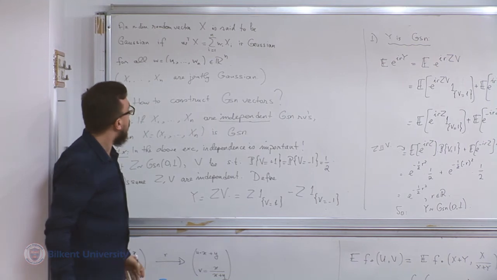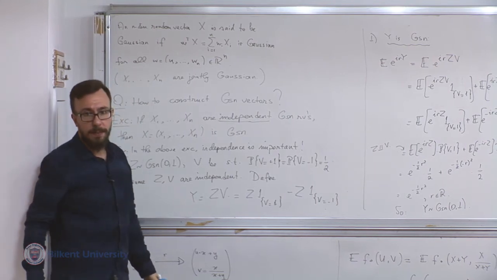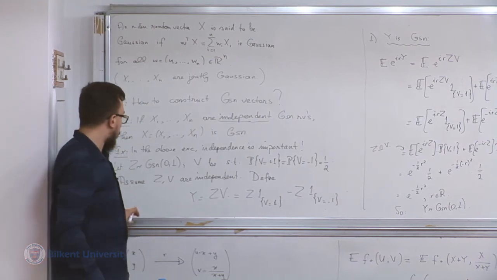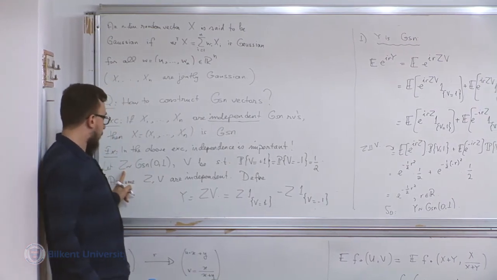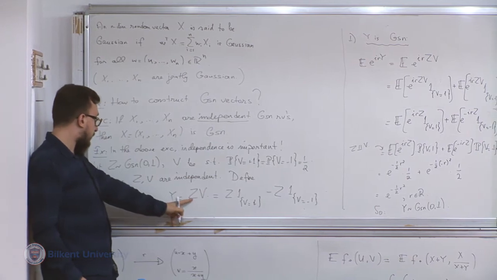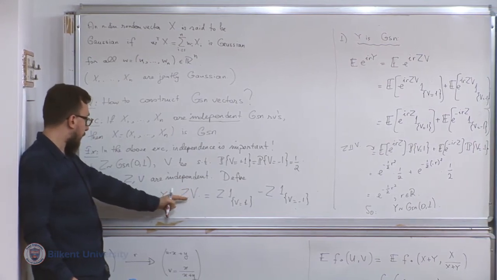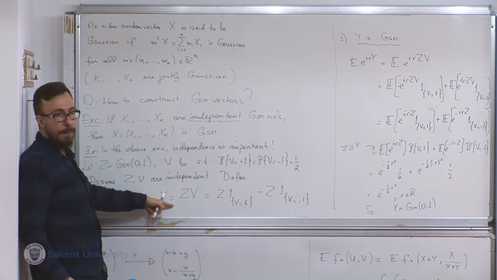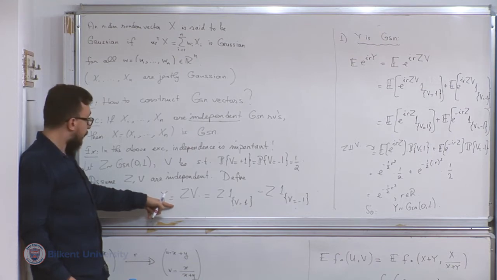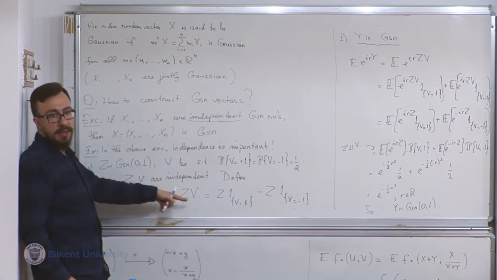So which linear combination should we look at? So we have Z, and Z's sign may or may not flip. So this is Z, and this is with 1/2 probability plus Z, with 1/2 probability minus Z. So what happens with 1/2 probability? What happens when Y equals minus Z?